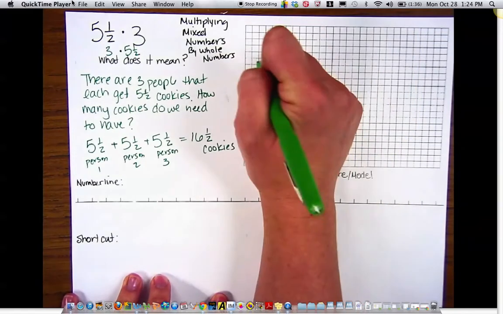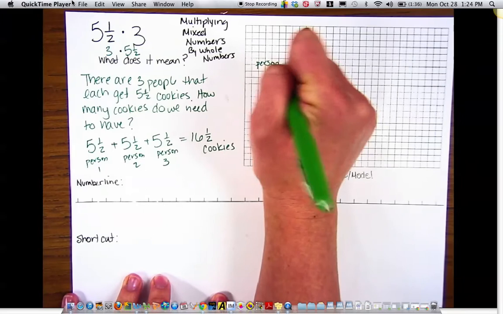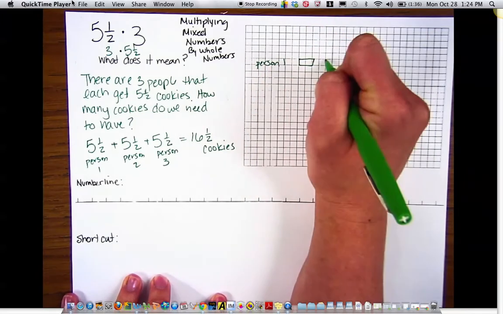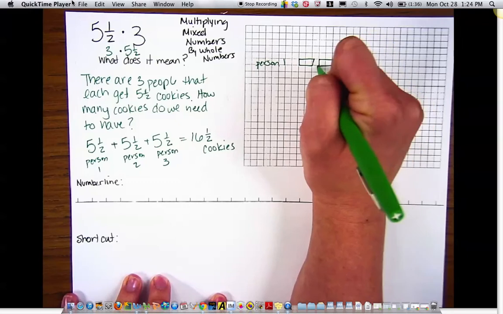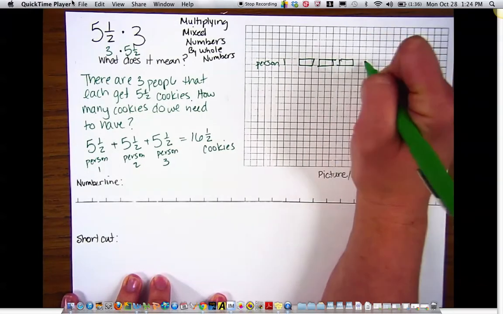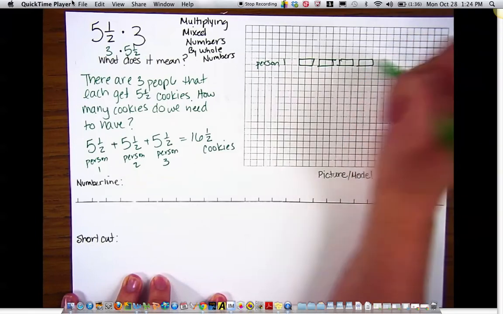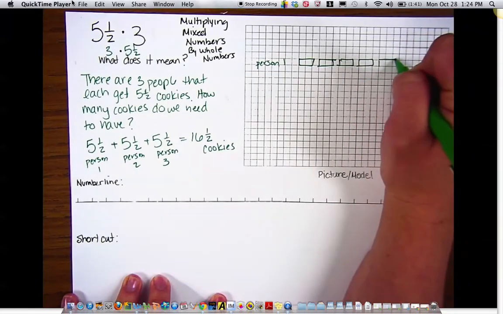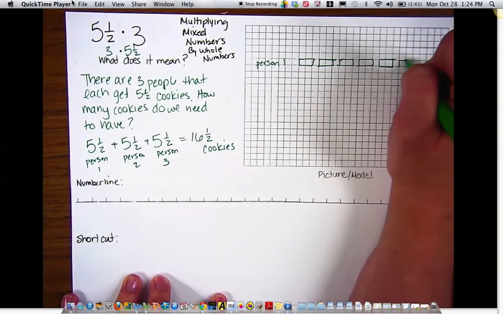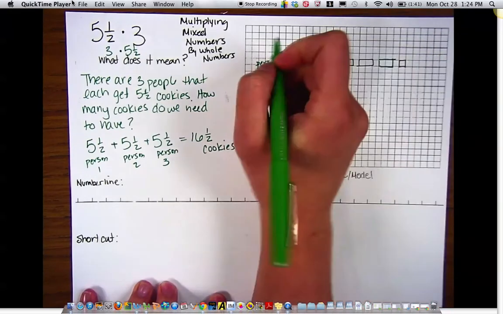So person 1 is going to have 1, 2, 3, 4, 5, and then 1 box makes a half.